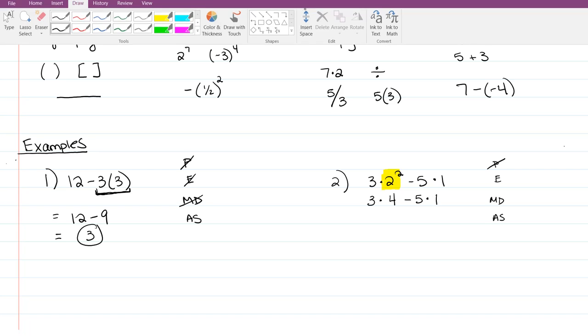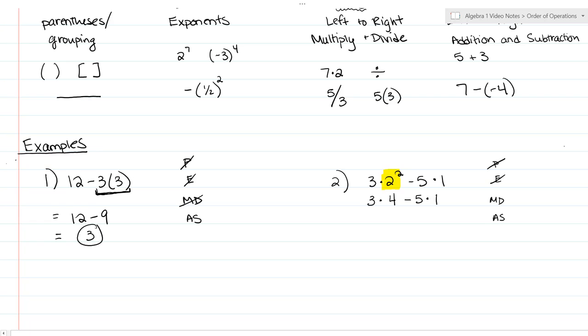All right, and that takes care of all of our exponents. Now we're going to go multiplication and division left to right. So 3 times 4 and 5 times 1, we can actually do at the same time. So 12 minus 5. And lastly, we have addition and subtraction. 12 minus 5 is 7.